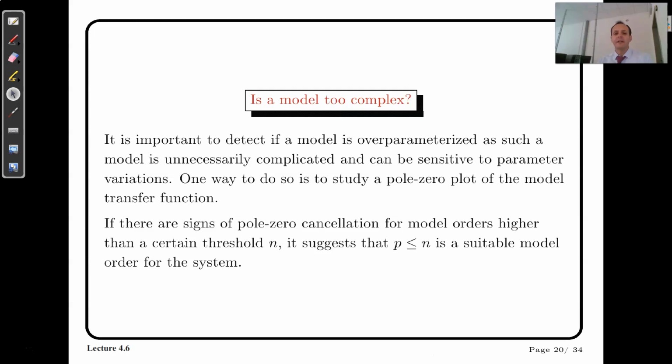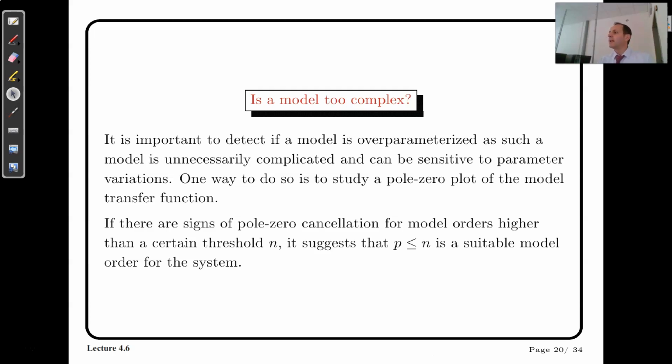Especially, they were based on a statistical test, which checks if the residual is uncorrelated with respect to itself, to see if the residual is a white process, and if it's uncorrelated with the input.